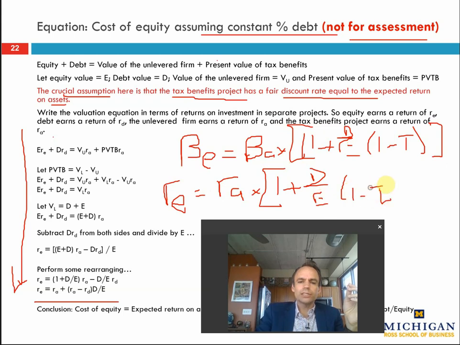That equation is based upon the assumption that, number one, the cost of debt is equal to the risk-free rate, and number two, that the dollars of debt remain constant.